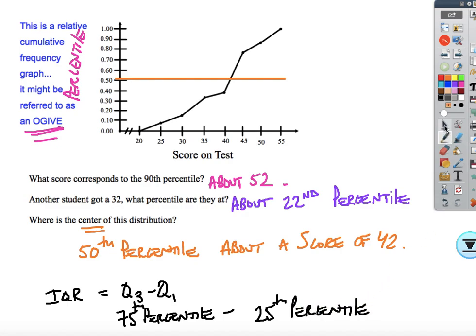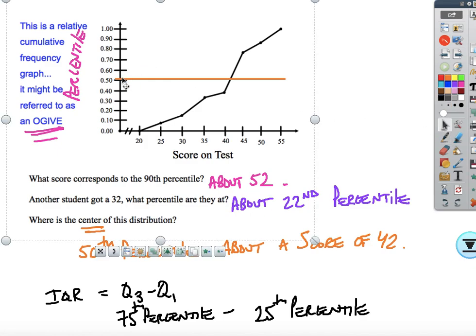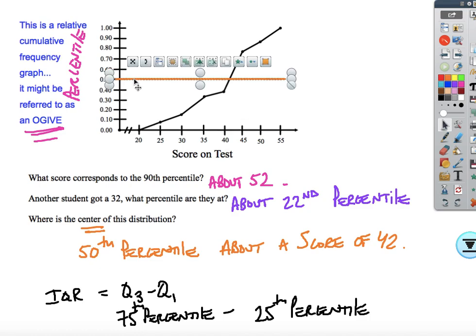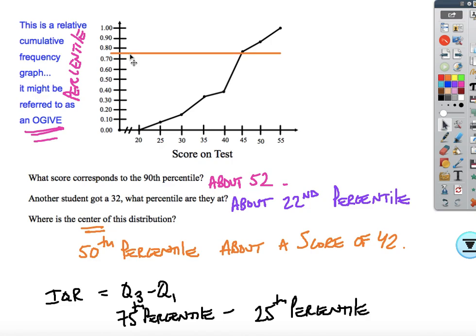So what I would do is I would take my horizontal line, if I can grab it. It's a little tricky on this. Okay, so I would move it up to the 75th percentile, and I would say that that hits right about almost 45. Maybe we'll just go with 45.